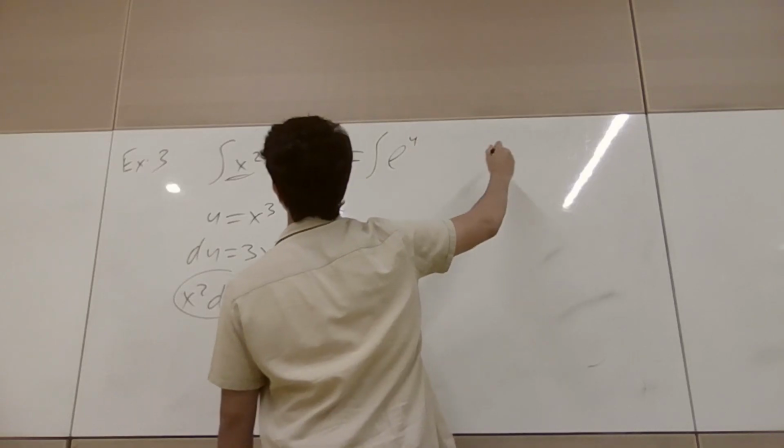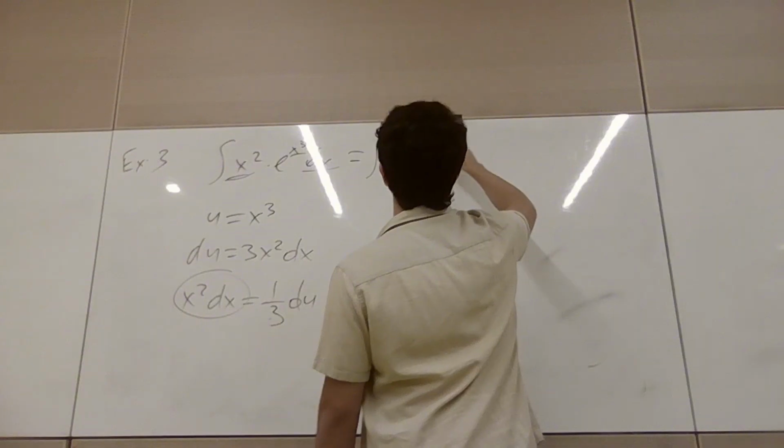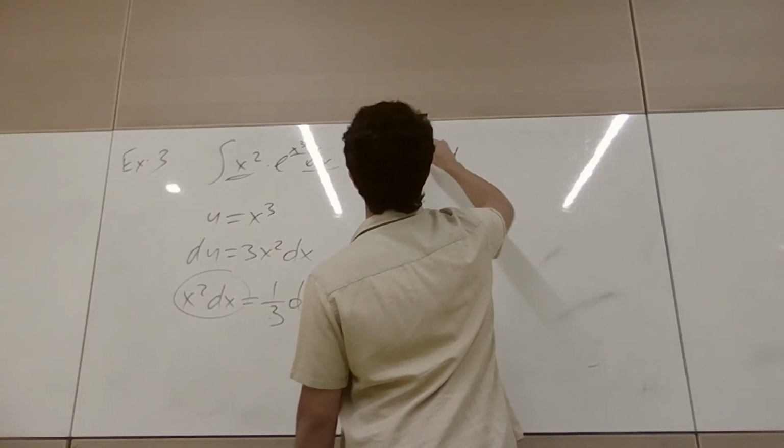e to the power of u multiplied by 1/3 du actually.